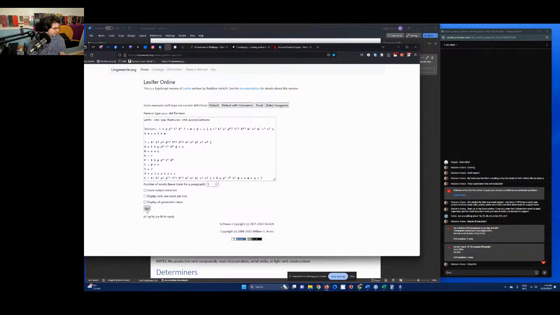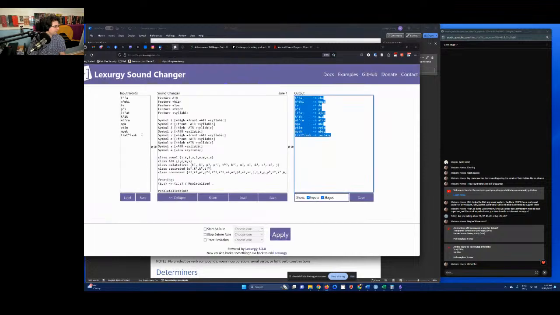No, I'm going to actually regenerate all of that. Okay, this is better. I don't want to have a glottal stop in this one. So let's plug these things into Lexergy.